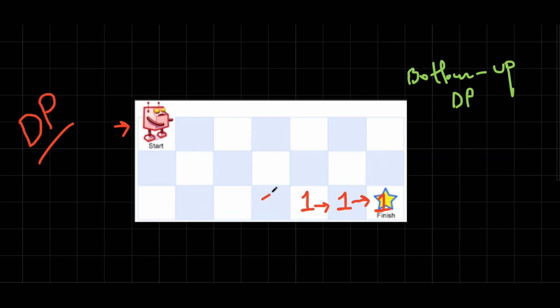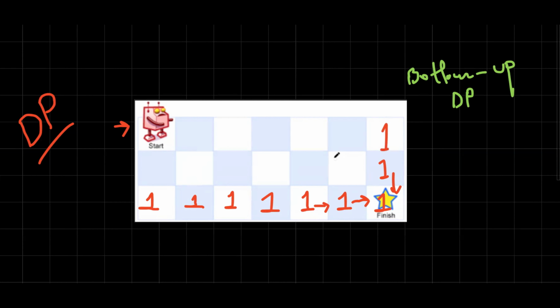Similarly, for this node or this cell, it is one possible way, and one possible way. Because for this cell, the robot can go in only one direction, this. Similarly, for this node or this cell, the direction is only one because the robot can only go downwards. And for this cell also, the robot can only go downwards.